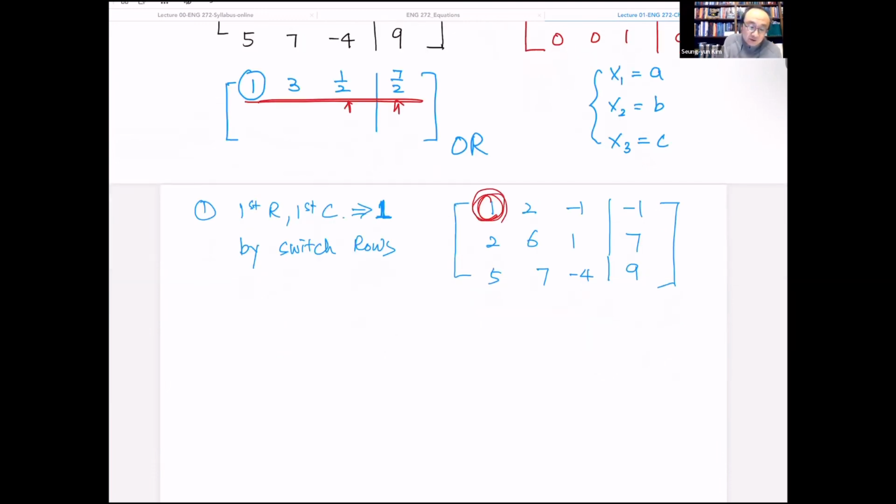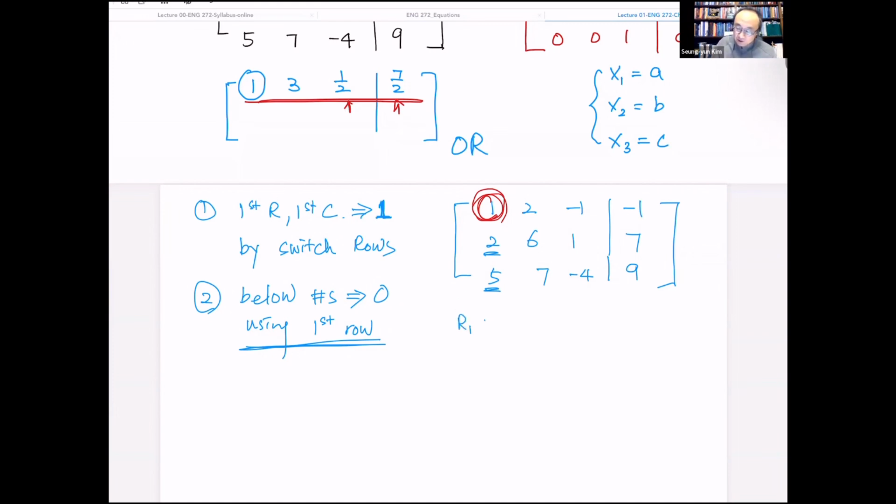And then step number 2, once you make 1, make all the numbers below it 0. So this one, we need to make 0. This one, we need to make 0. How? Using the first row. This is important. We have to use only the first row to make the first column of the bottom rows 0.